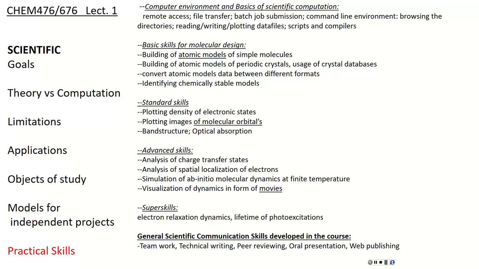That is really simple, but it is a good complement to any research work that you are doing, no matter which area. And then there will be analysis of charge transfer states, and molecular dynamics at ab initio level, which allows for bond breaking information and chemical reactions.